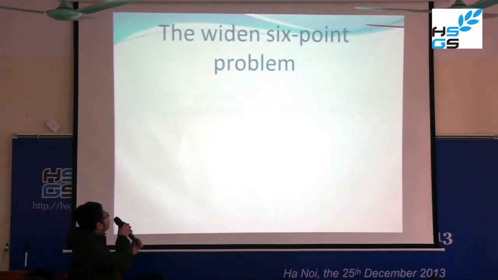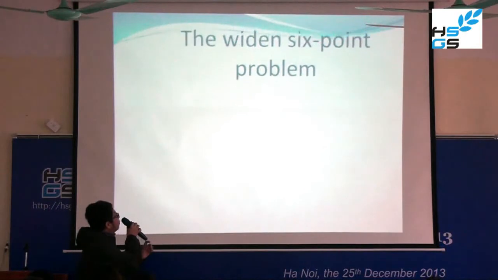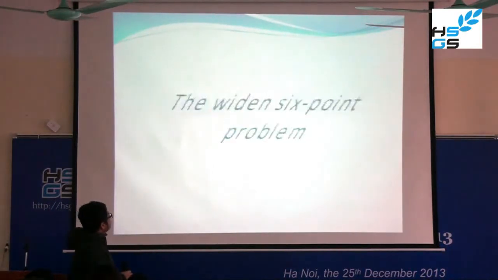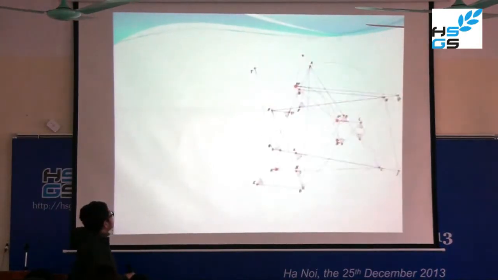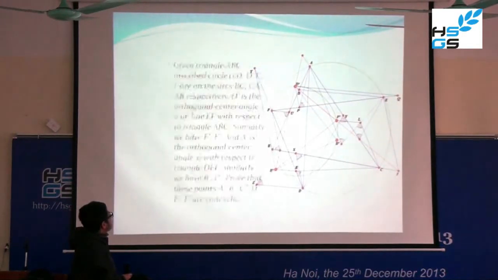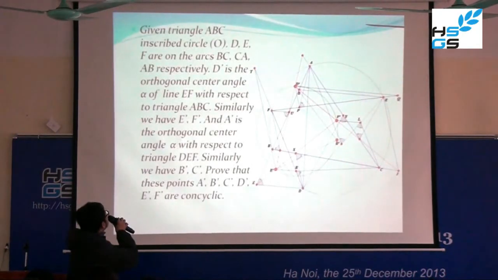We next want to talk about the six-point problem. Given triangle ABC inscribed in the circle O, D, E, and F are on the sides BC, CA, AB respectively. D prime is the orthocenter of the angle alpha line of DEF with respect to triangle ABC.